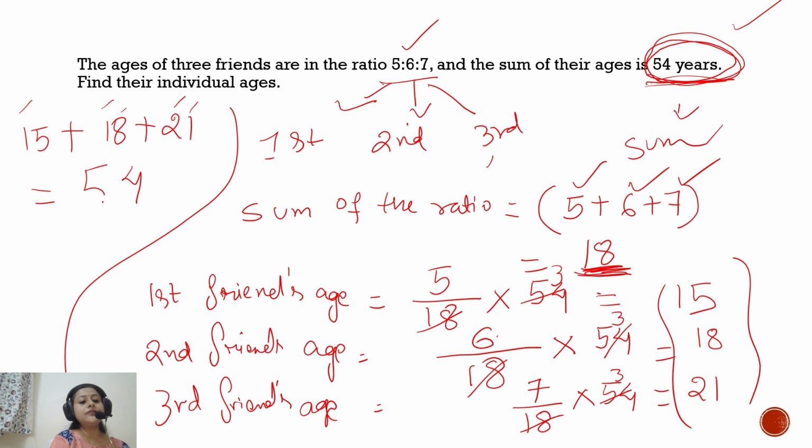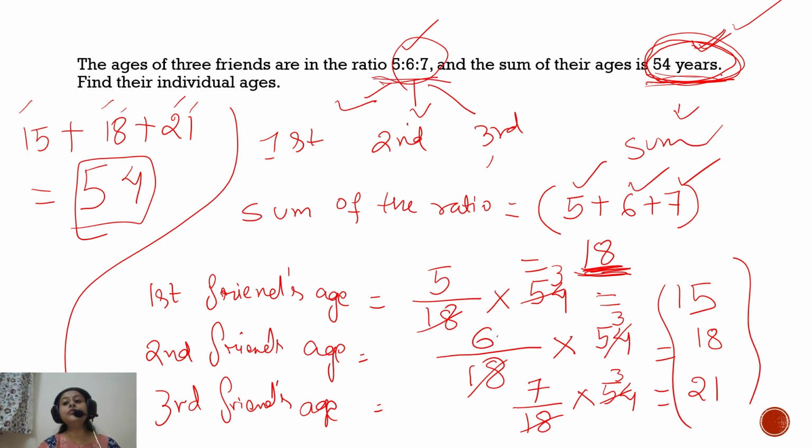So 4 plus 1 is 5, 54. So you are getting exactly the sum of 54. Earlier you didn't know the exact individual ages. You only had these 2 pieces of information: you had the ratio, and you knew the sum of the absolute ages, but you didn't know the individual ages. Now by applying this formula, you can find out the individual ages.